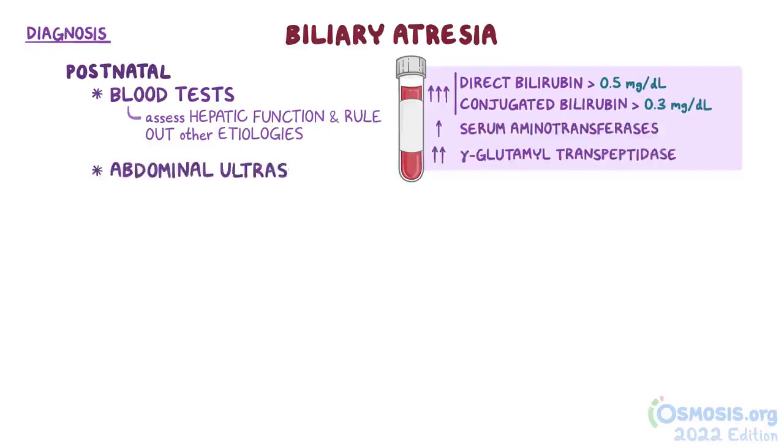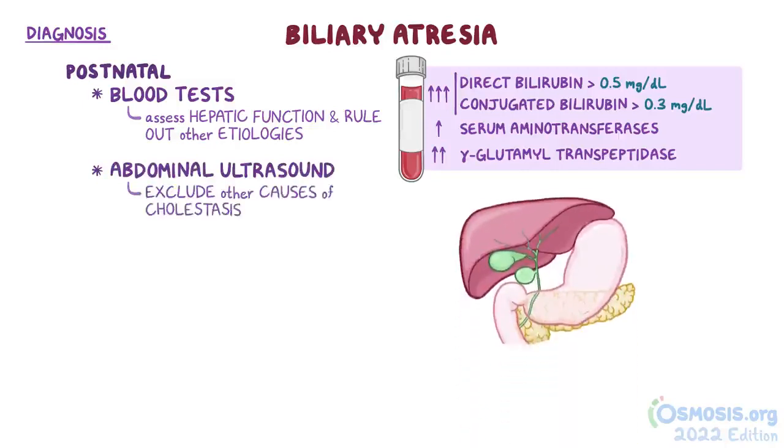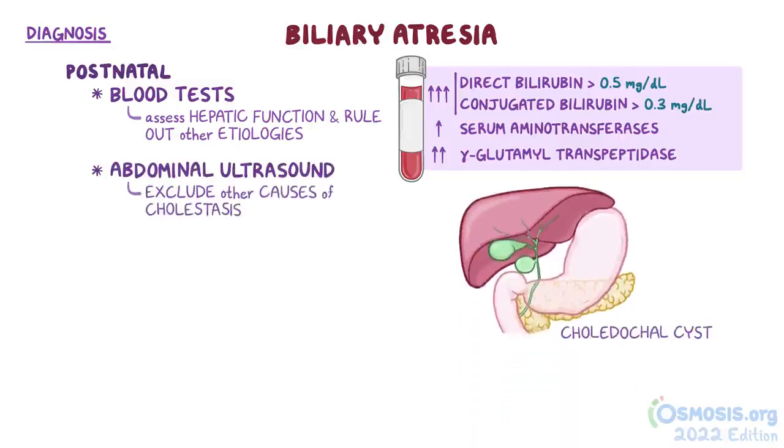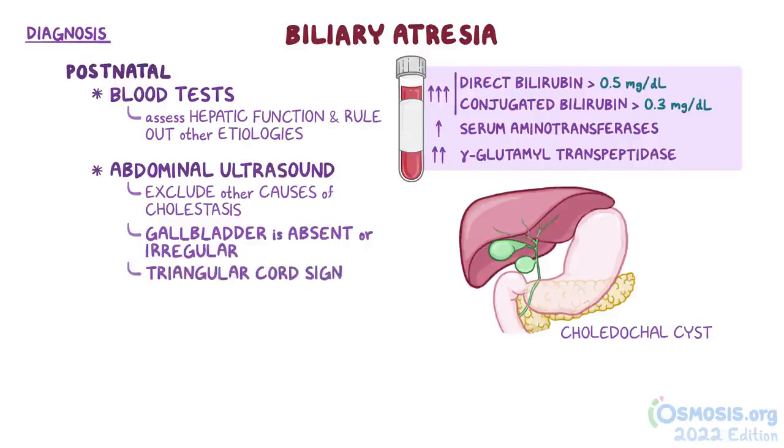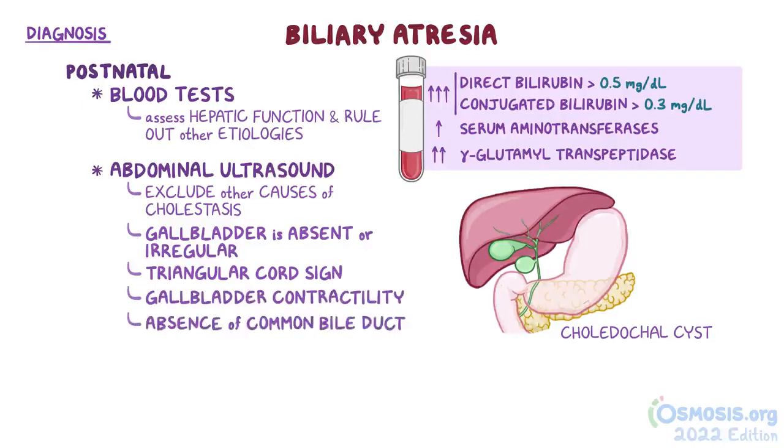Next, an abdominal ultrasound is needed to exclude other anatomic causes of cholestasis, like a choledochal cyst. Typically, in biliary atresia, the gallbladder is either absent or irregular in shape. Additional features to support the diagnosis include abnormal gallbladder size and shape, the triangular cord sign, gallbladder contractility, and absence of the common bile duct.